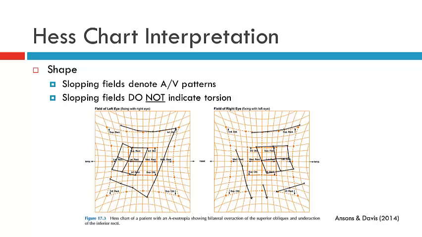Now this is also seen in the outer field, but the outer field hasn't been completely measured because it's coming off scale, but this is the point at which the deviation is in 30 degrees, and you can measure it and you'll see that you've got 5, 10, 15, 20 degrees exo up here, and here we've got a 5, 10, 15, 20, 25, 30 degree exo deviation in this position. So we can see that this patient clearly has an A pattern to their deviation.